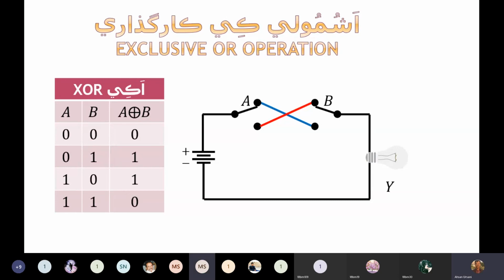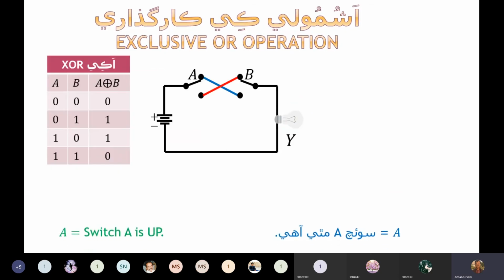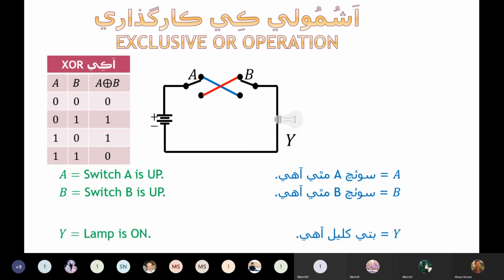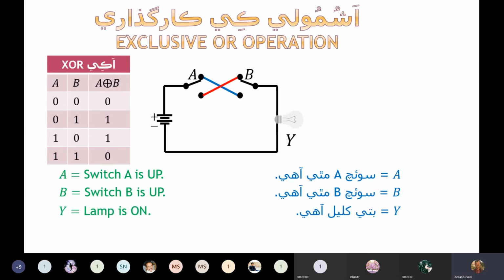So A represents switch A is up, B represents switch B is up, Y represents lamp is on. What will be the relationship? Y equals exclusive OR of A and B.